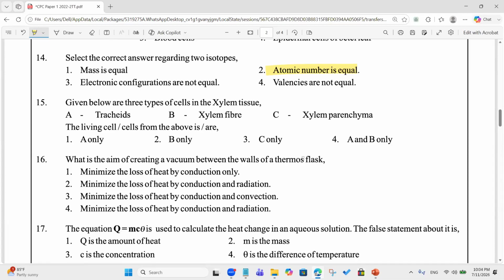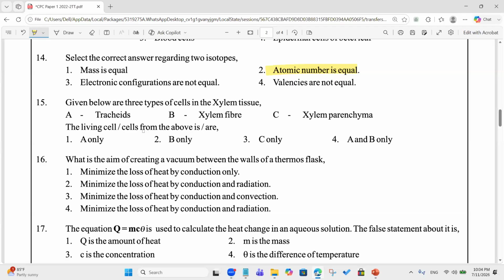Given below are three types of cells in the xylem tissue: tracheids, xylem fiber, xylem parenchyma. The living cell or cells found above is or are... Your answer? B only.